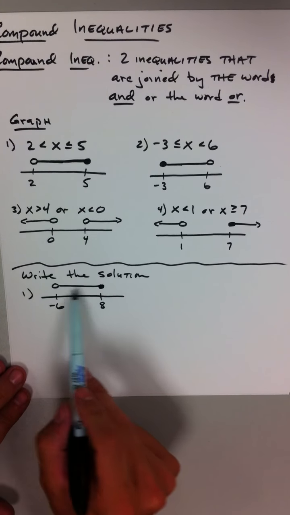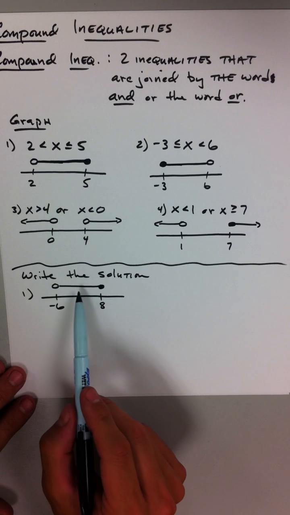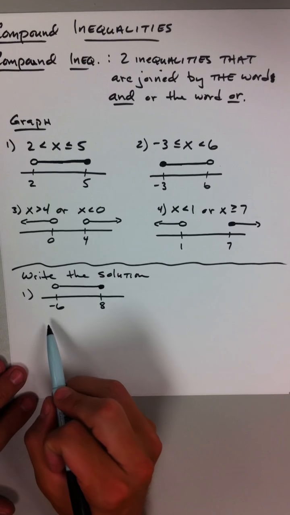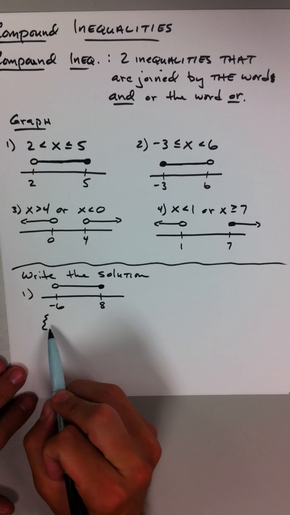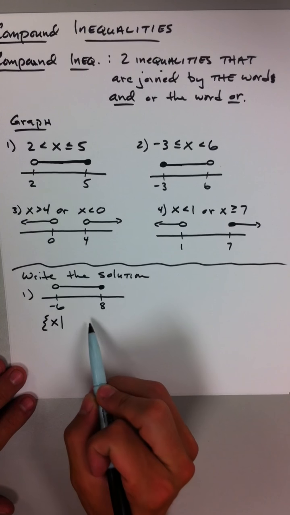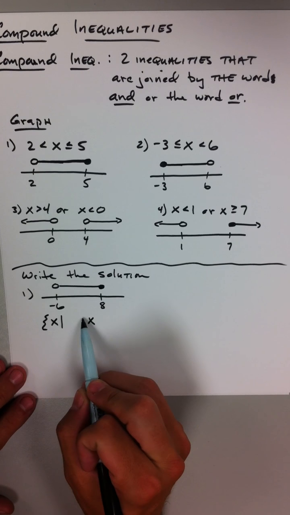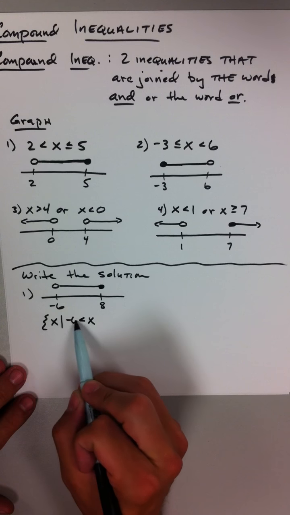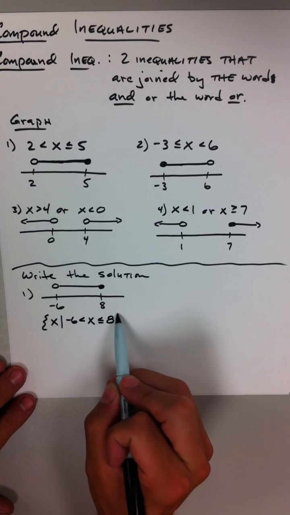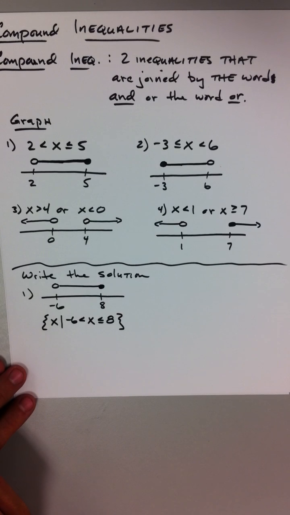I know that because they're connected. So we're looking for all the numbers that are bigger than negative 6 and less than 8. So using set notation, I would write whatever variable you want. I'll just use x, all real numbers x, such that x is greater than negative 6 and less than or equal to 8. Just like that.